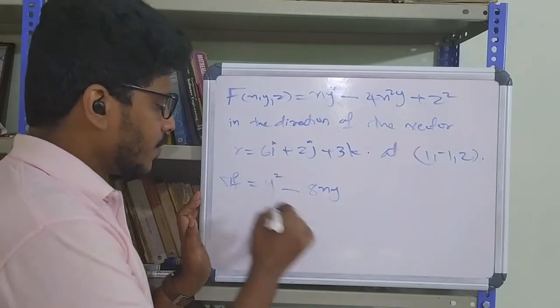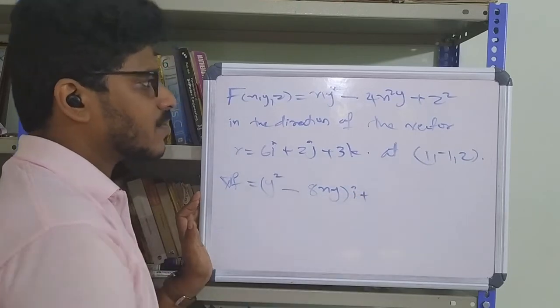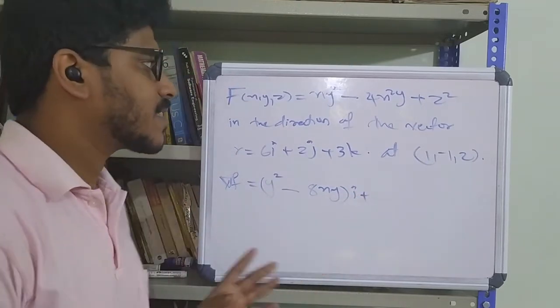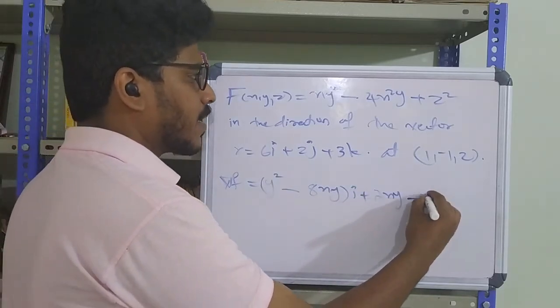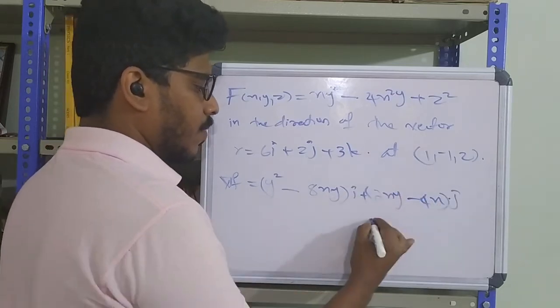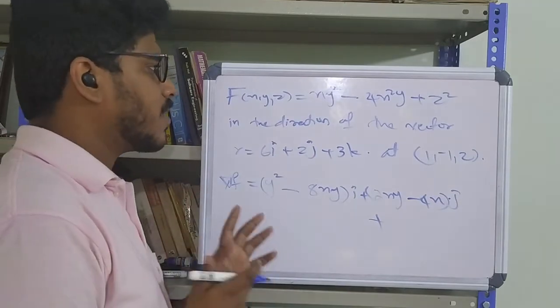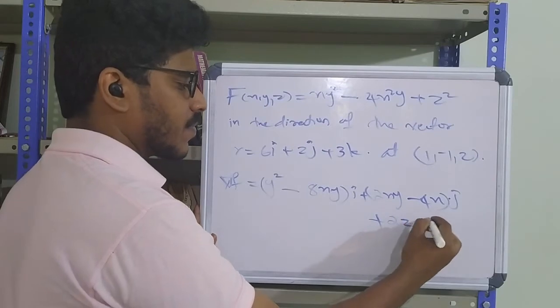Right. Similarly, into i plus, what is dou f by dou y? We will keep x and z as constants and differentiate with respect to y. That will give 2xy minus 4x j, plus differentiate with respect to z to obtain dou f by dou z, which will be 0 minus 0 plus 2z into k.